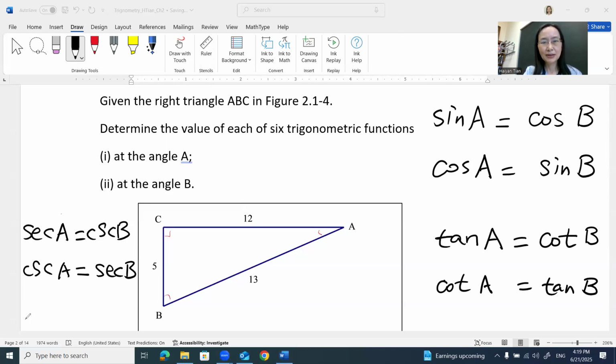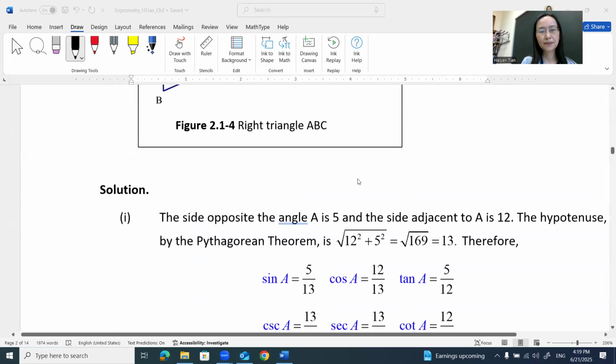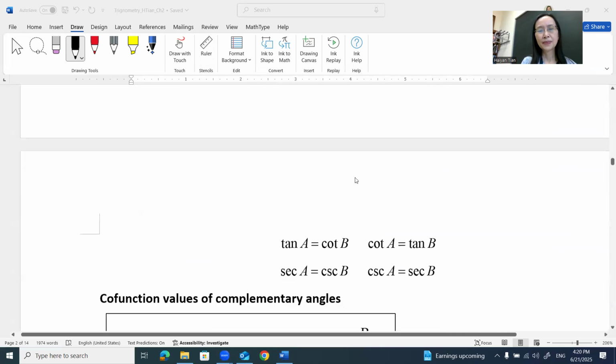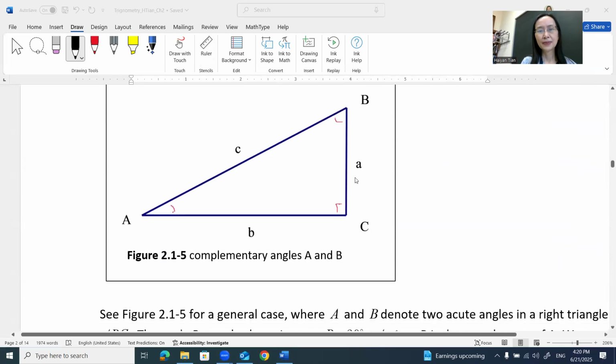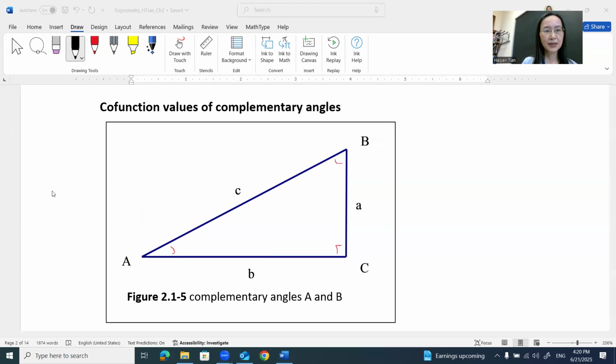And we noticed these properties, and I will summarize them in the following page. Okay, so let's take a quick look. So that means we can establish the property of cofunction values of complementary angles.